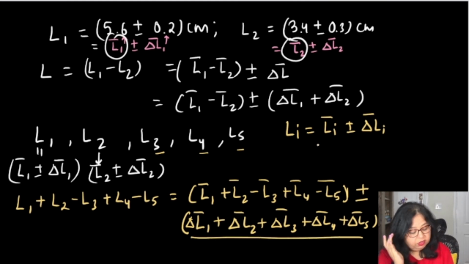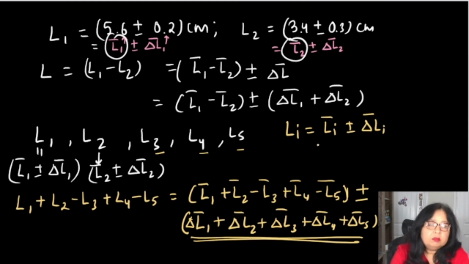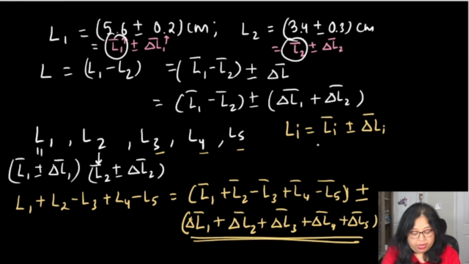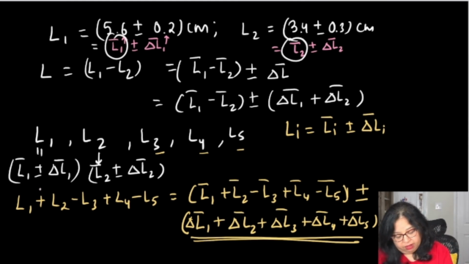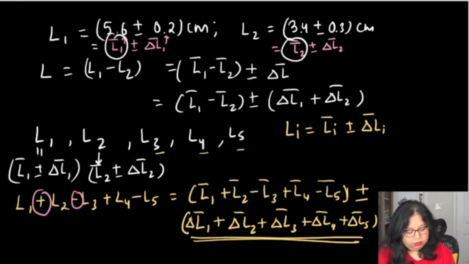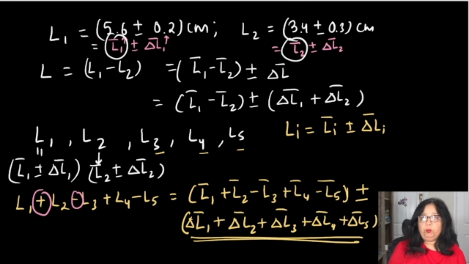That's why these uncertainties are all added up. Make sense? So this is the rule for addition and subtraction. So you can see I have addition here, I have subtraction, both. So this is the rule for both of them. I hope that you got it.